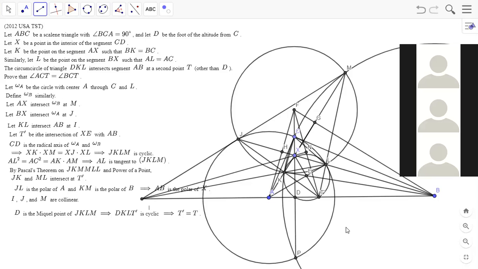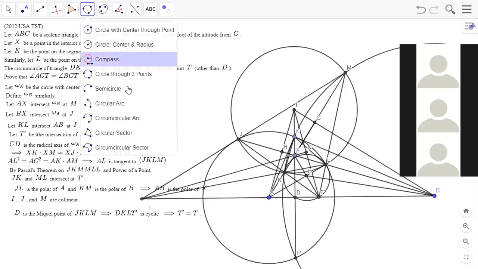Okay, so we know that if CXP is harmonic, then that inversion takes T to P and to T prime. So C, T prime, P is cyclic.